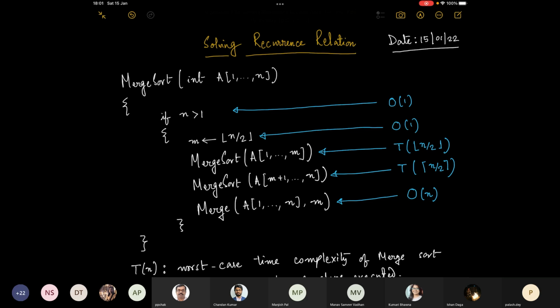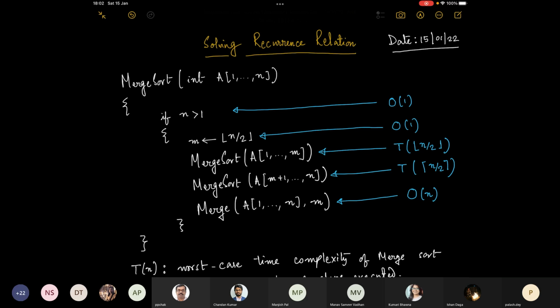Okay. So today we'll learn ways to solve recurrence relations. Recurrence relations are very common in analyzing the performance of algorithms, because many of our algorithm design techniques, you may have a glimpse already, or you will know as we go along in this course, that there are various algorithm design techniques like divide and conquer.